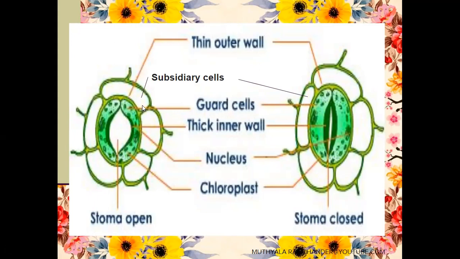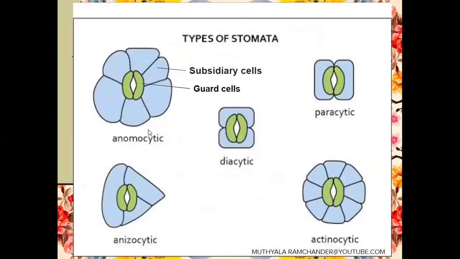Based on the subsidiary cell structure and arrangement in dicotyledons, the following types of stomatal complexes are found: anomocytic, anisocytic, diacytic, paracytic, and actinocytic.